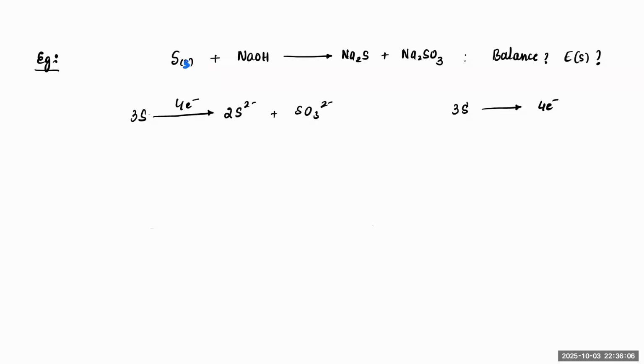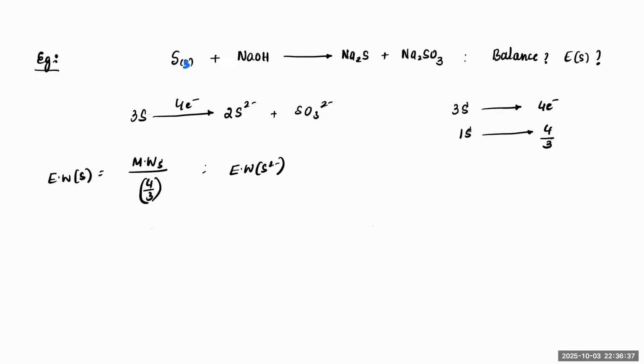And for 1 sulfur, how much is the number of electrons transferred? 4 by 3. Correct. So the equivalent weight of sulfur will be equal to molecular weight of sulfur divided by 4 by 3. What if I ask you the equivalent weight of S2 minus?